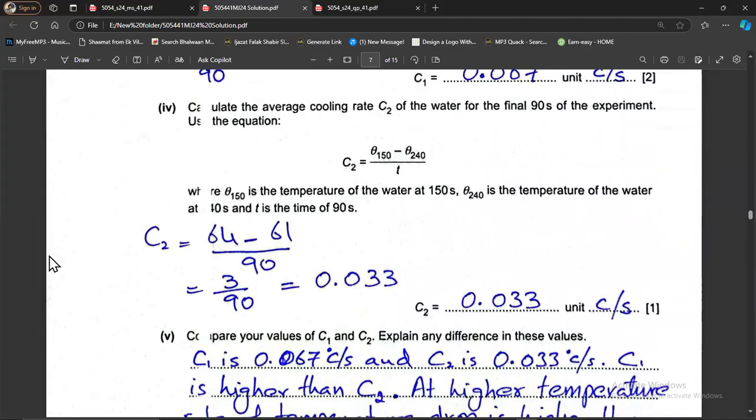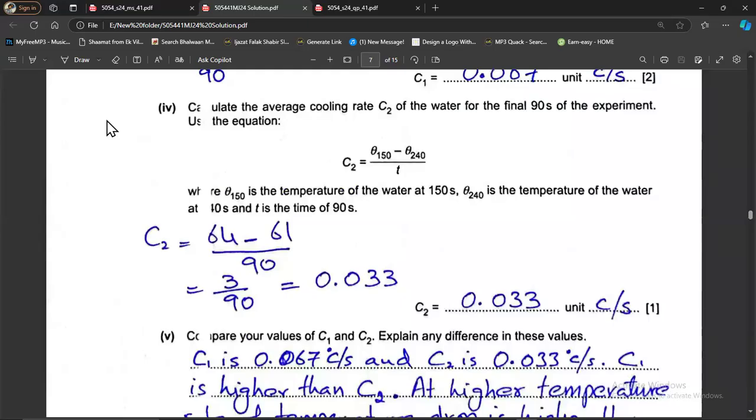And 64 minus 61 is 3. 3 divided by 90 is 0.033. And so the cooling rate, or you can say the rate of change of temperature, is 0.033, and the unit will be degrees centigrade per second.